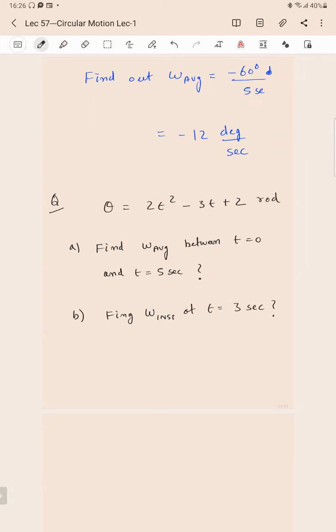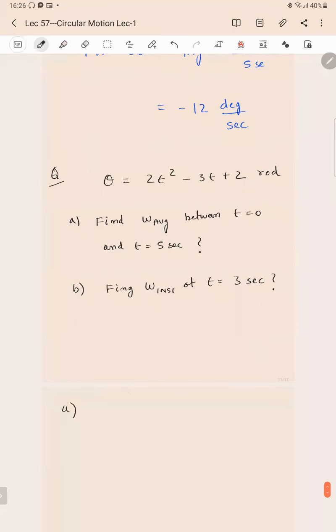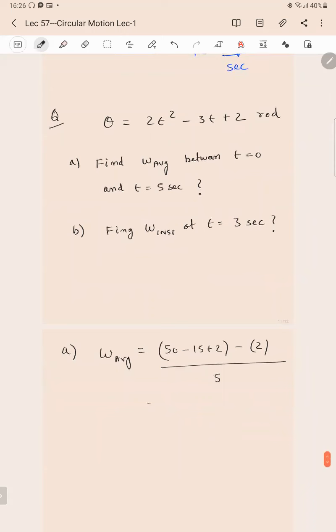So basically, you might have found theta at t equal to 5 in A part. You have gone like this, omega average as theta at t equal to 5, which is 50 minus 15 plus 2. Theta final minus theta initial over delta t, which is 5. Okay, this is how you proceeded.